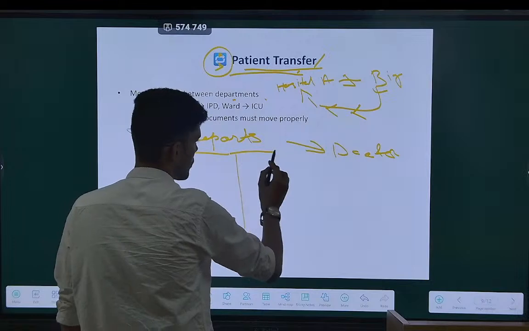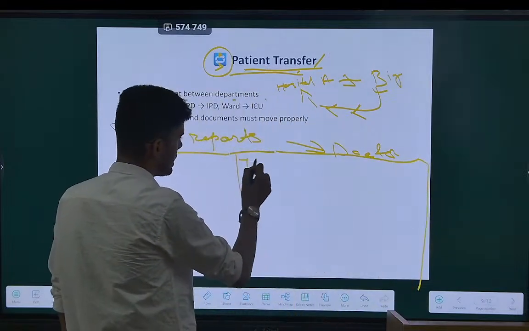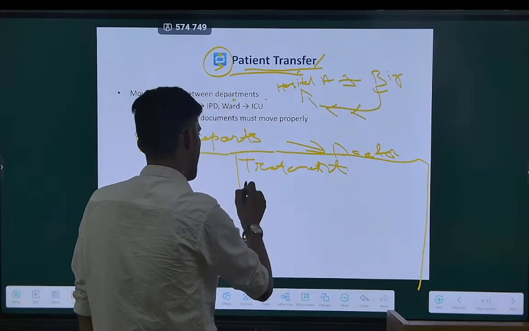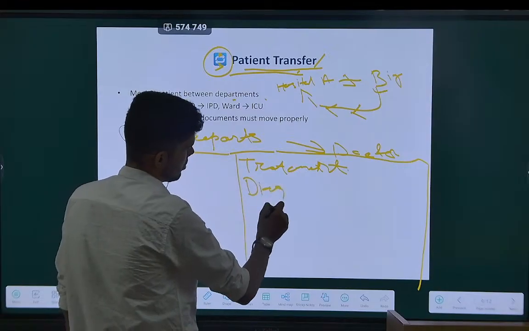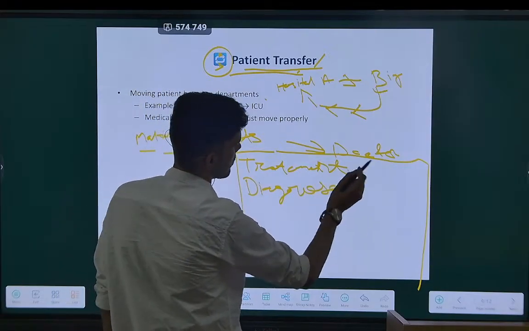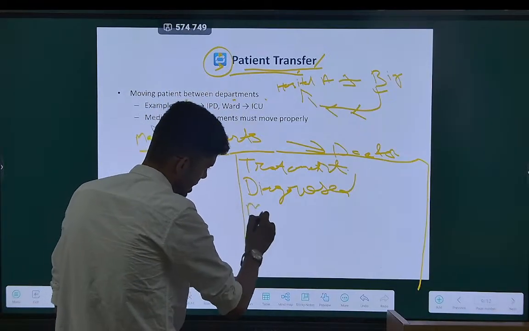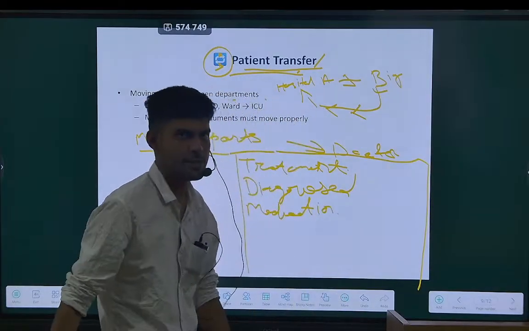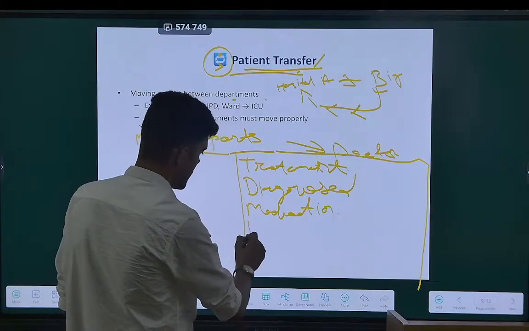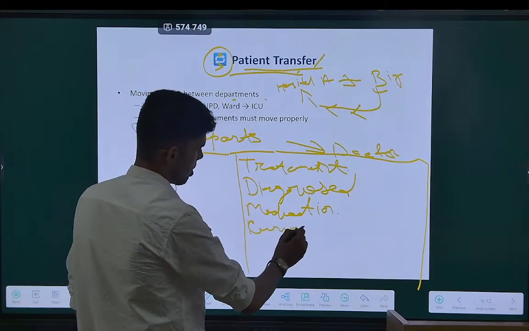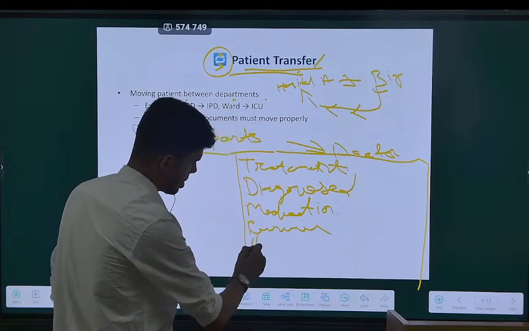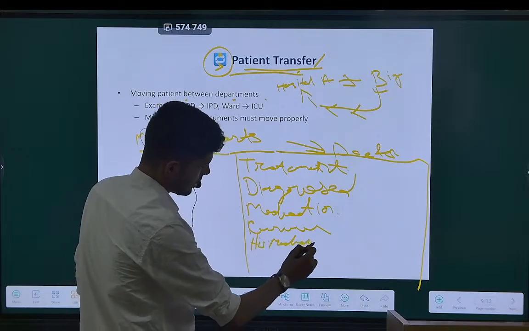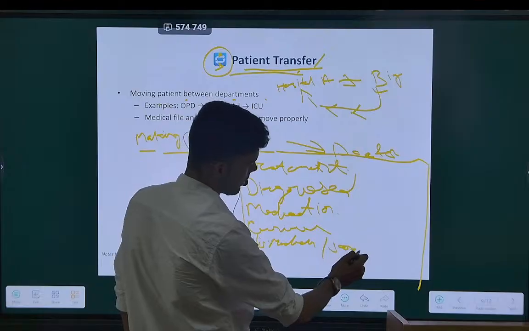So all the medical reports, whatever treatment is done, what the patient is diagnosed with, means what is his disease or his problem, what are the medications which were going on for the patient, what is his current condition, his medical reports, scan reports, MRI and everything.